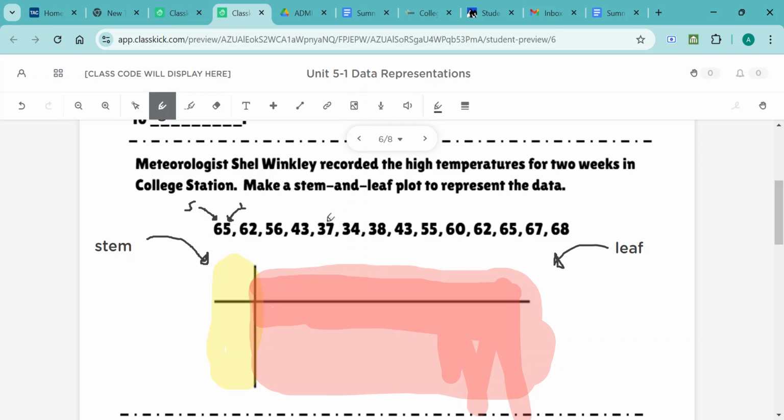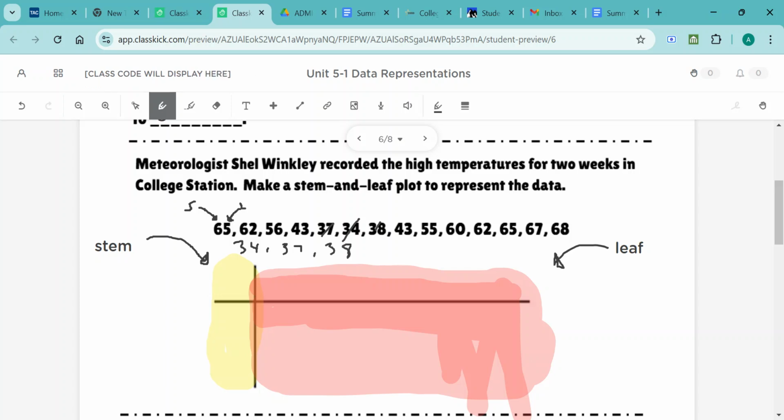Let's look at all my 30s. I have a 37, 34, 38. So I'm just going to order them from least to greatest right below. So we have 34 is my smallest number. I'm going to mark it off, write it. 37 is my next smallest number, and then 38. Okay. Now, I don't have any more 30s, so I'm going to go to my 40s.